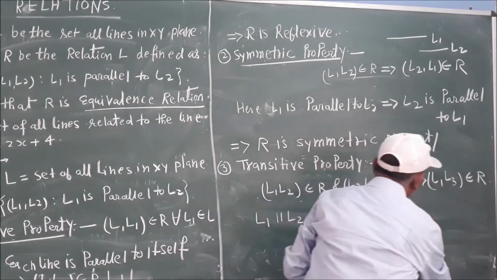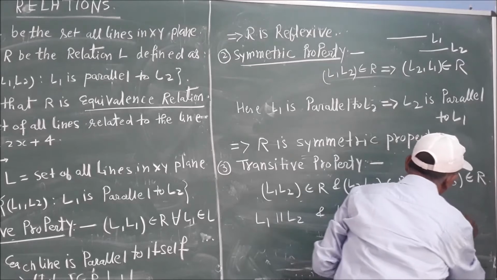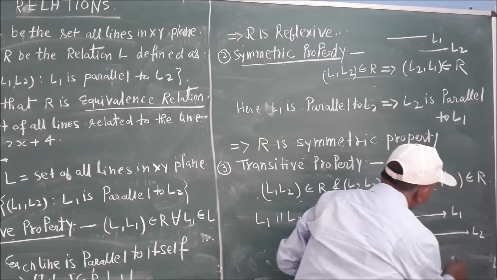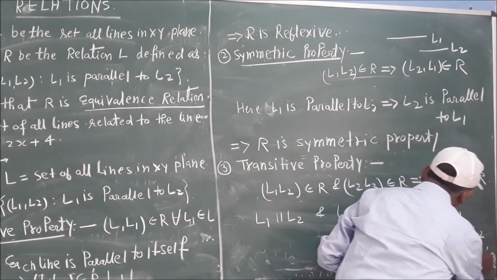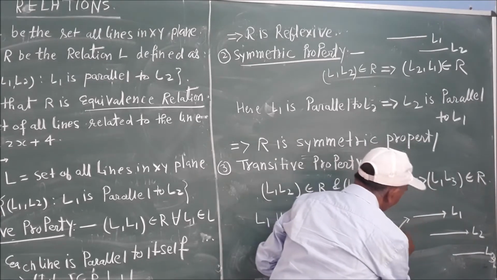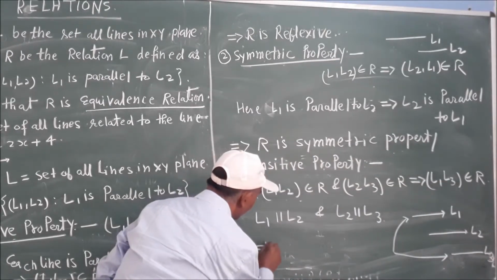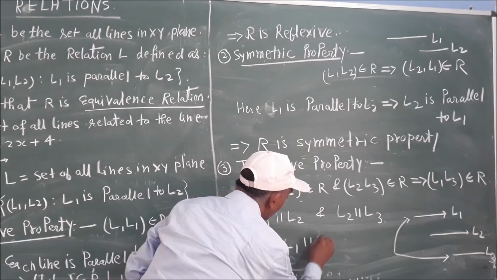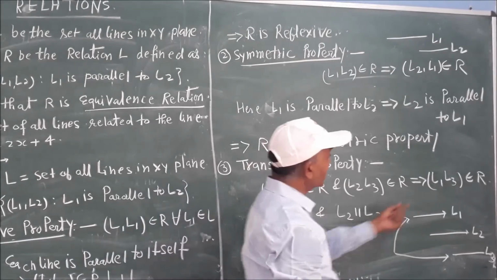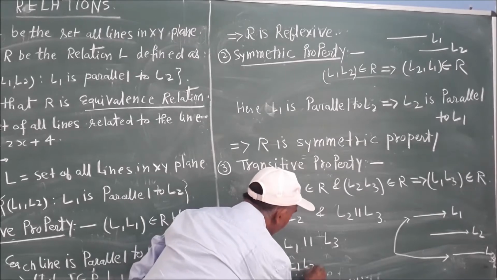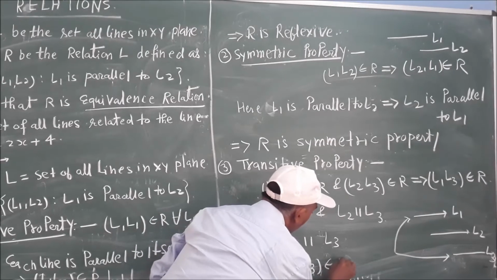Make the diagram. Here is the line L1. This line is parallel to L2. And this L2 is parallel to L3. So what is the relation between L1 and L3? We can say that this implies L1 is parallel to L3. That means (L1, L3) belongs to R.